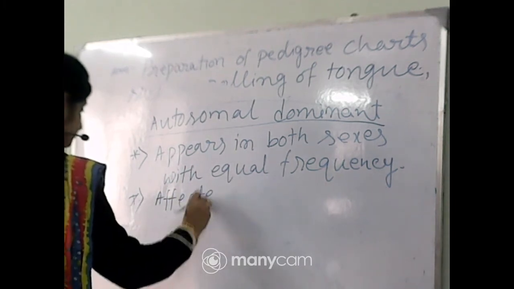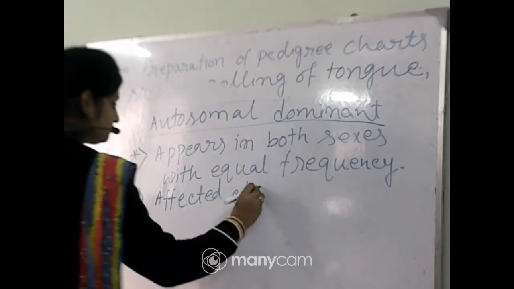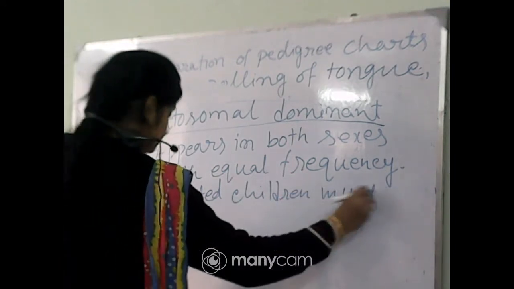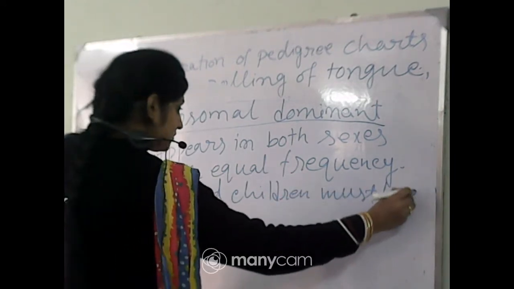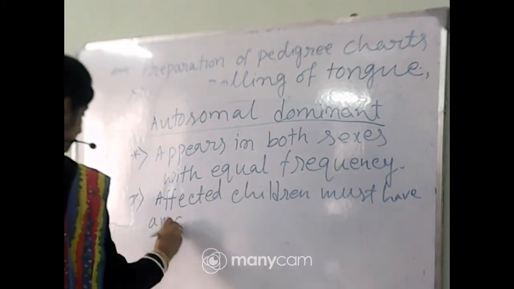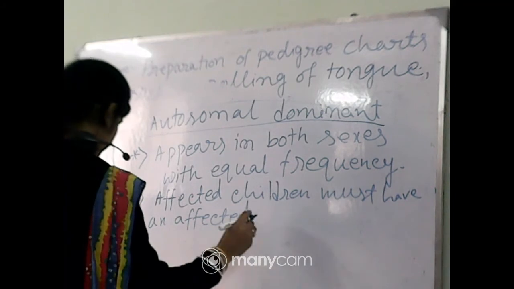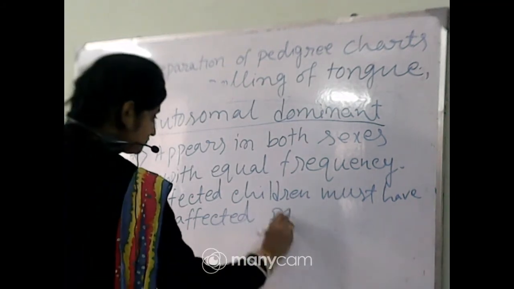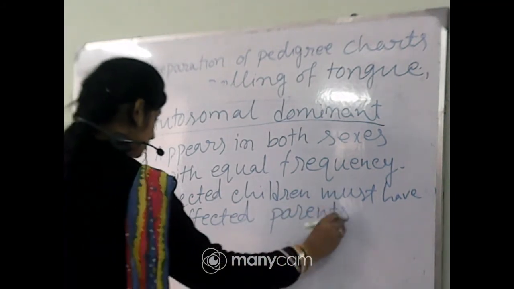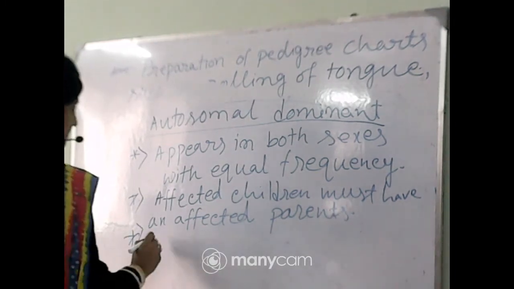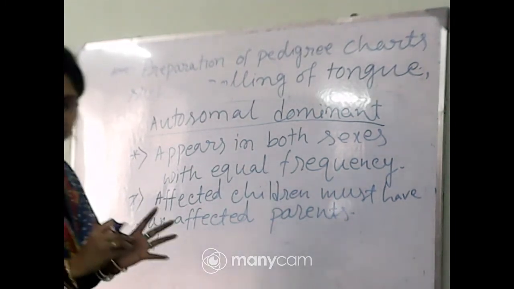Affected children must have an affected parent. Third one, heterozygous are affected, because there is a dominant letter present.